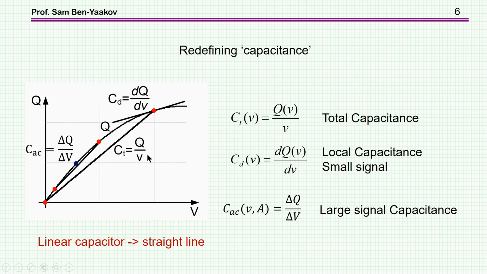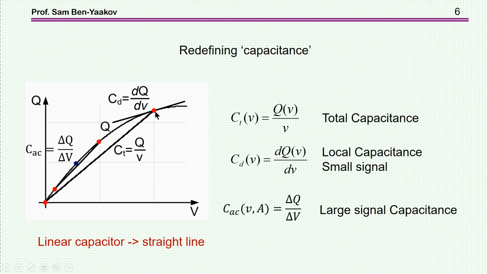So if you have a nonlinear capacitor, the very basic information on the capacitor is this curve. This long nonlinear curve is Q, the charge, as a function of voltage. This is the very basic description of the device. Now, once you have this curve, you can define quite a number of capacitances, and I'm showing here three, there are many more. One would be the total capacitance.